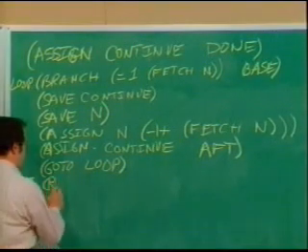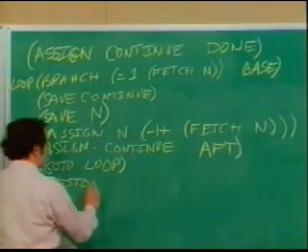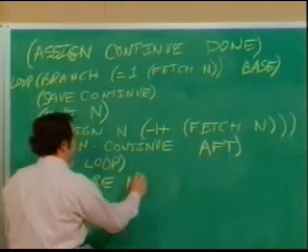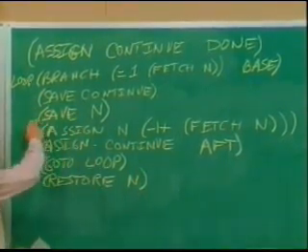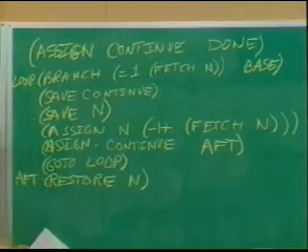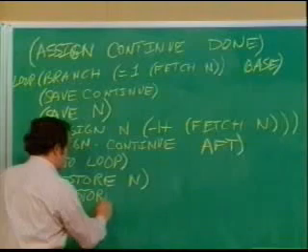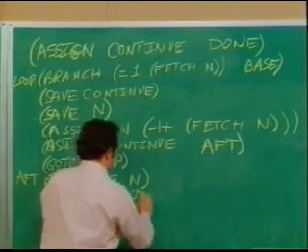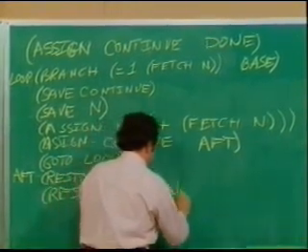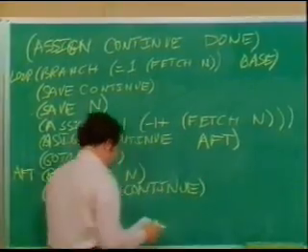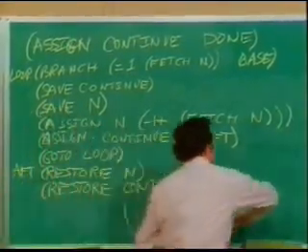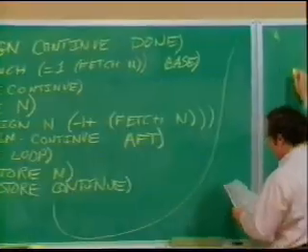Now, after I'm done with that, I can go there. I will restore the old value of n, which is the opposite of this save over here. I will restore the continuation. I will then go to here.